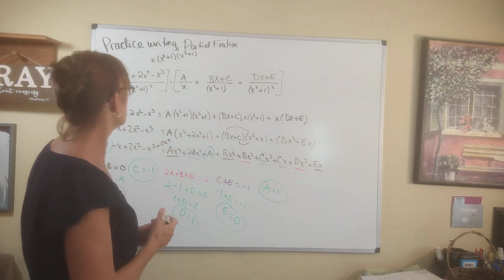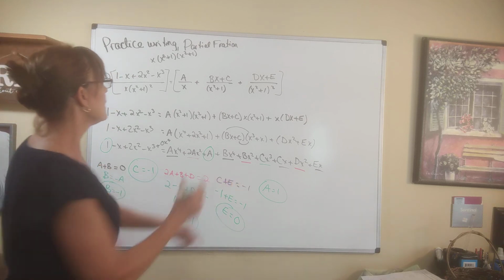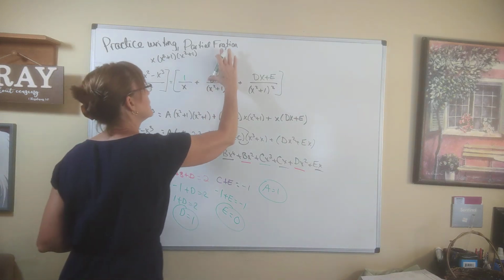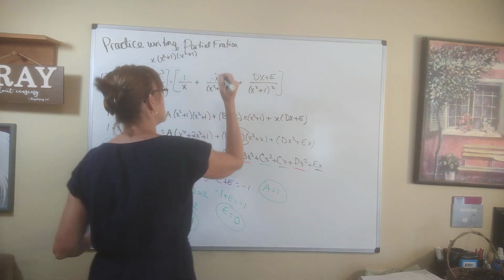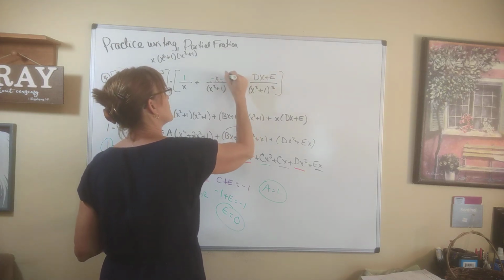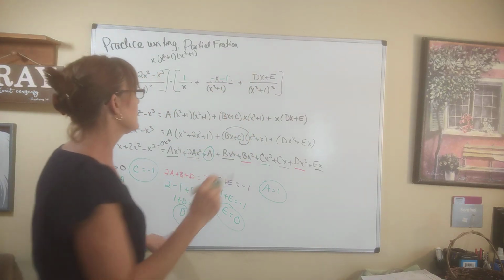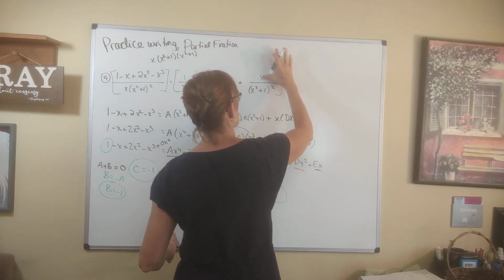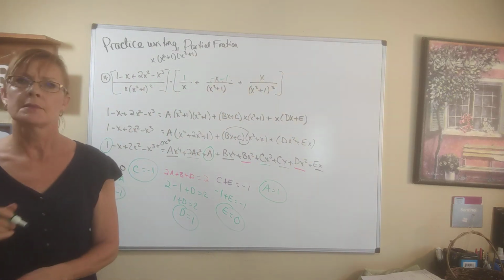Okay, now I'm ready. Ready? a is a 1. b is a negative 1. c is a negative 1. d is a 1. e is 0. And this is my partial fraction decomposition for that one.